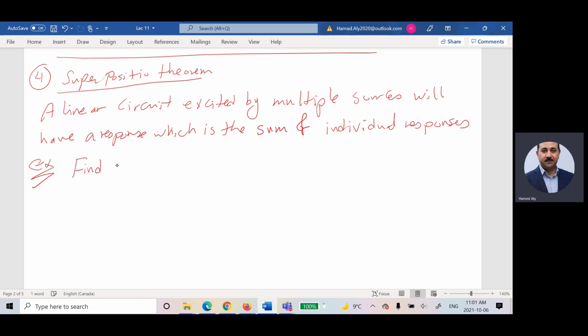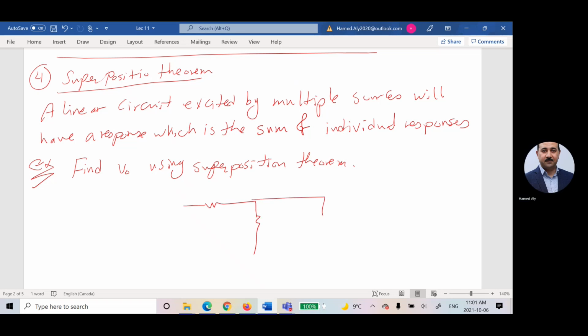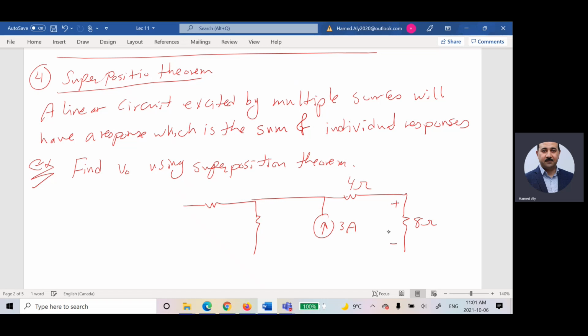Find VO using superposition. This is the circuit that I have. This guy is 3 amps. This guy is 8 ohms. This guy is 4 ohms. This guy is VO.